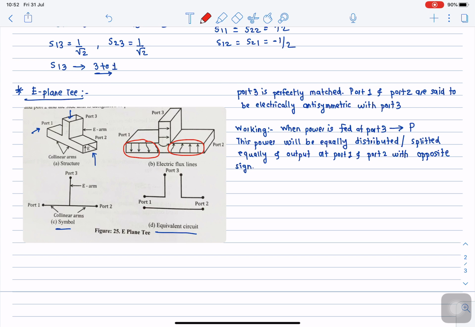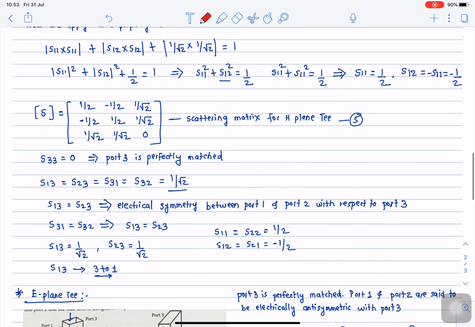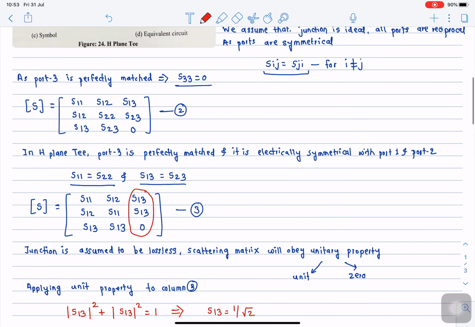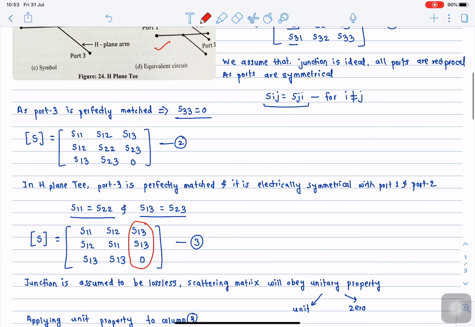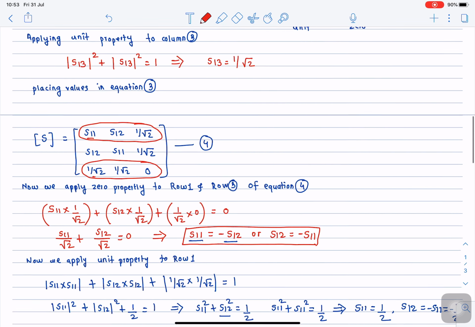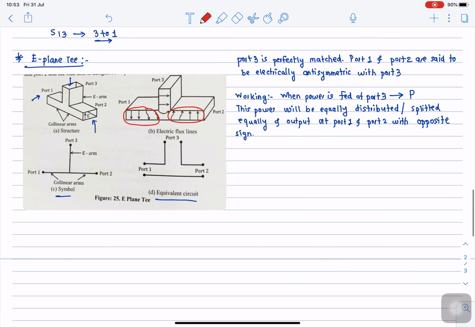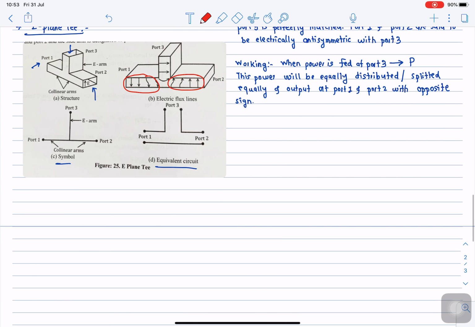We will use the same concept which we utilized to derive the scattering matrix for the H plane T. We will use the same steps, and let us see what scattering parameter matrix we get for the E plane T. First of all we will write a 3 by 3 scattering matrix.